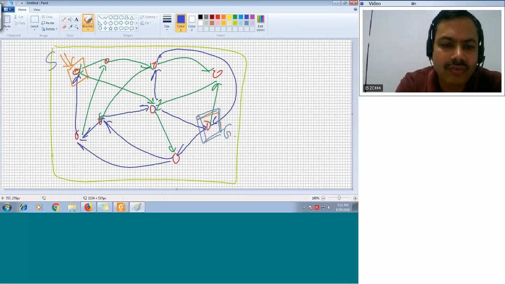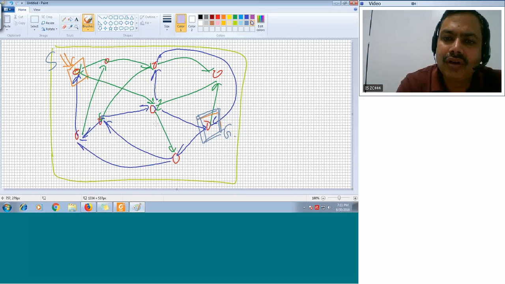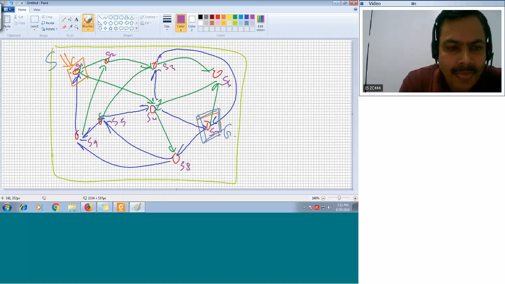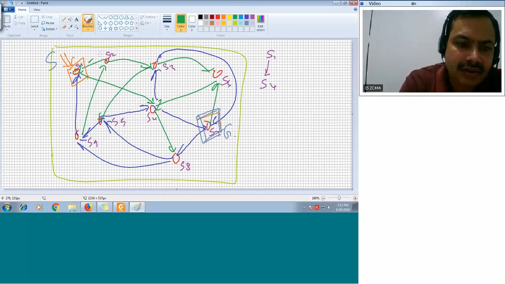Okay, so how can you come to this answer? The only thing you have to do is go to this state. Let me call them state 1, state 2, state 3, state 4, state 5, state 6, state 7, state 8, and state 9. So you start from S1 and then you say that you can go to S4. If there was one more, say S4 and S3, let's assume that this was also possible.